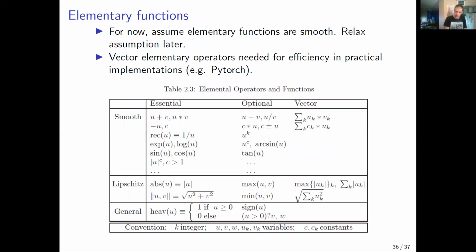Okay, so then here's this table about elementary functions. We mentioned that the fundamental key to automatic differentiation is writing your program in terms of elementary functions whose derivative you know. We didn't actually enumerate what those are, but they list some here, in several categories.